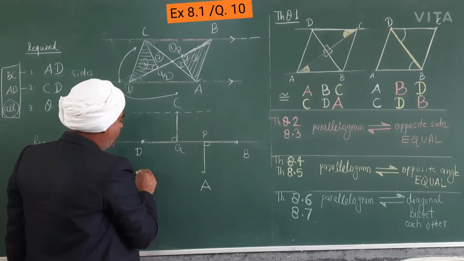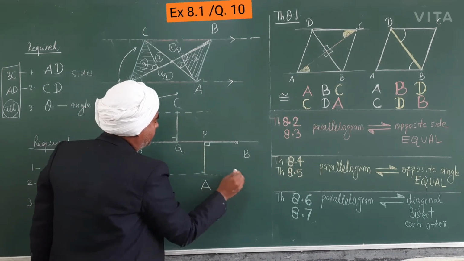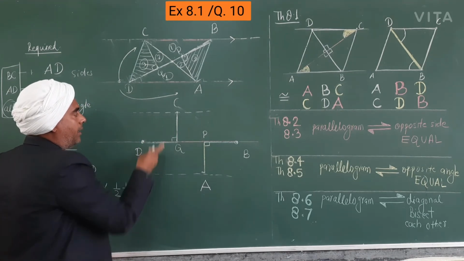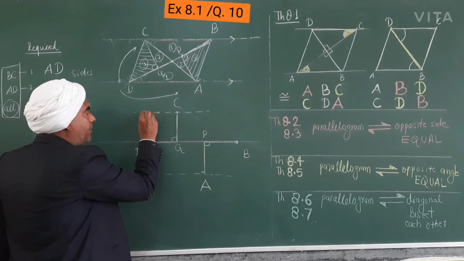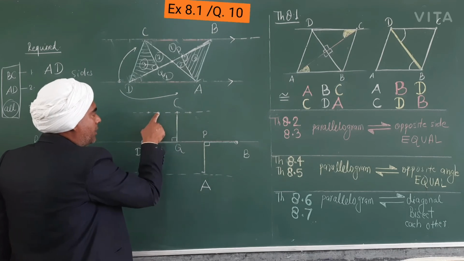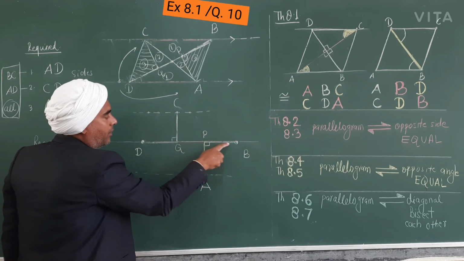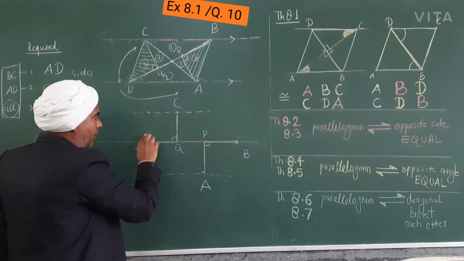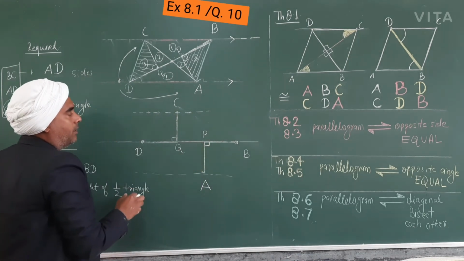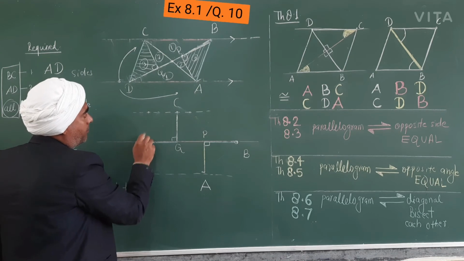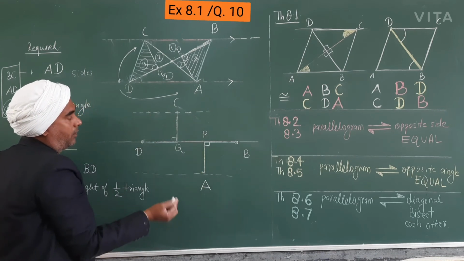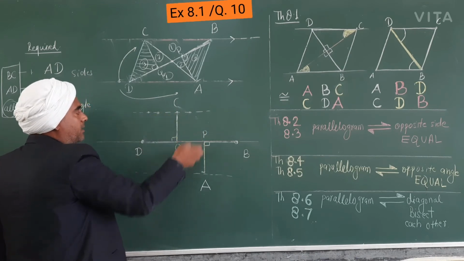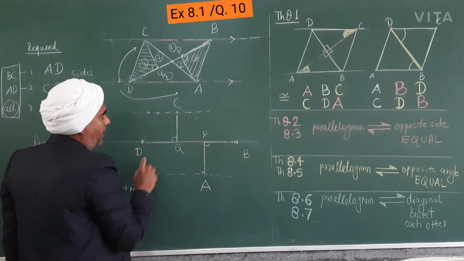You can take the height on these parallel lines, and if you take point C anywhere here and make a triangle, because the height is the same, the area of the triangle will be the same. But this time you will not get a parallelogram. Suppose I take any height on this point, it may be different from a parallelogram.